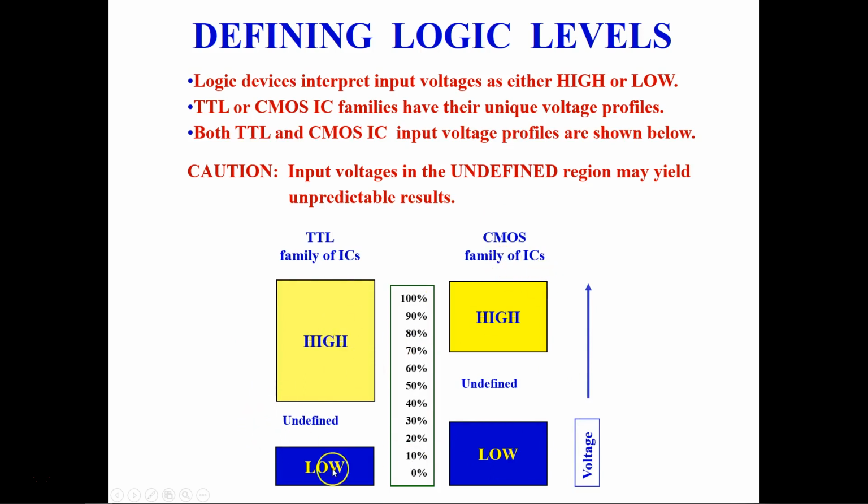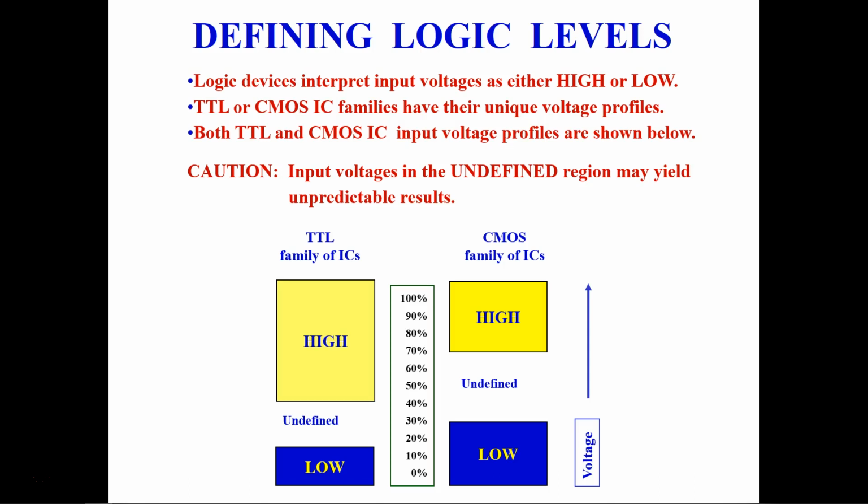Before we see their voltage profile, let's see what TTL is. TTL is basically built from BJT, which is a bipolar junction transistor, and they are widely used in applications such as computers, industrial controls, test equipment, and instrumentation. They are manufactured by many semiconductor companies.